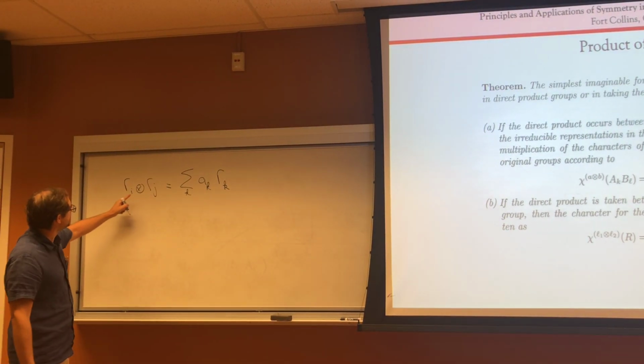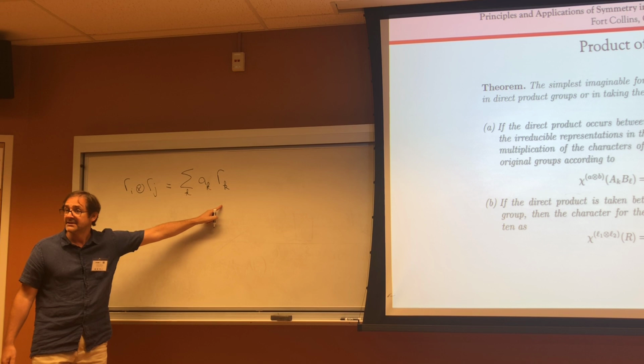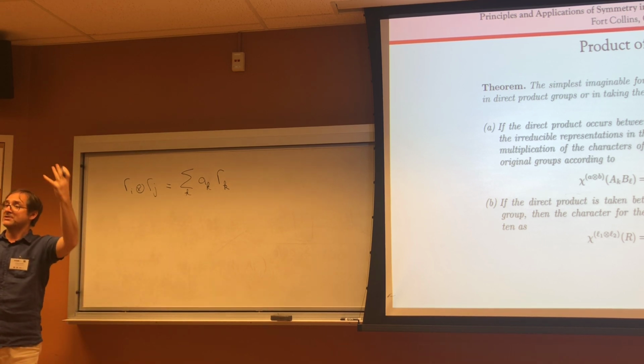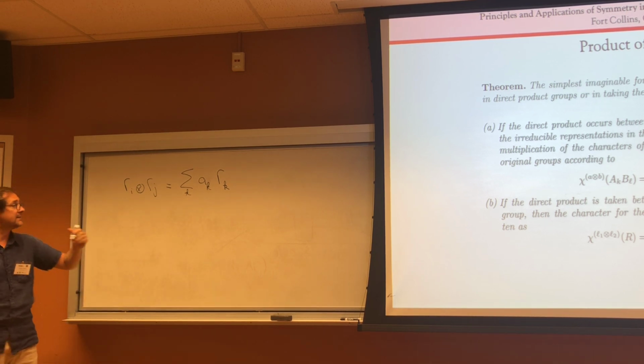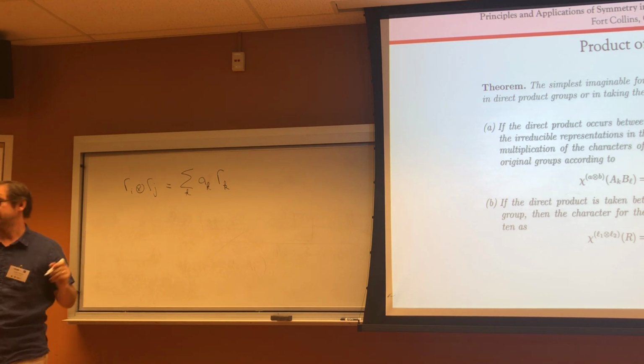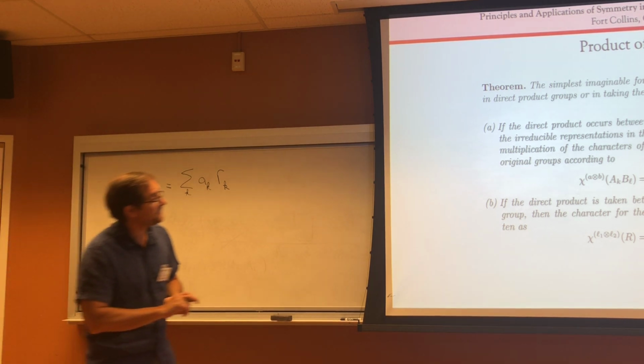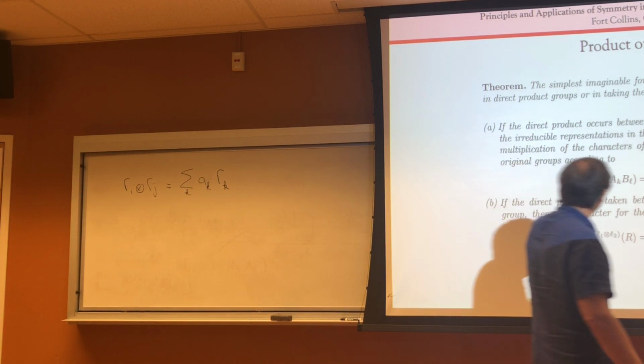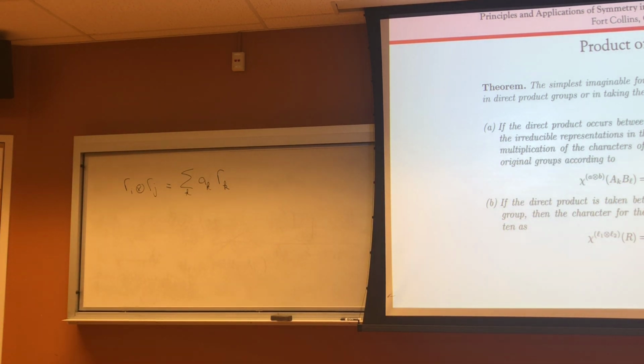It turns out that this kind of relation is valid at the representation level, at the abstract level. It's also valid at the character level, and that is very nice. So basically, the character of a product is the product of the characters. Once you understand that, which is kind of natural in a sense, it's very powerful, and we can actually build up this expansion.